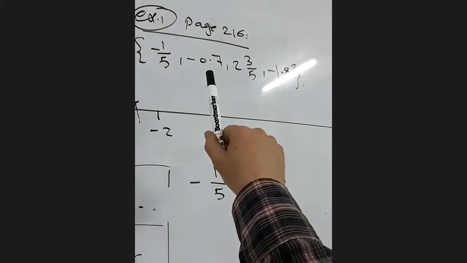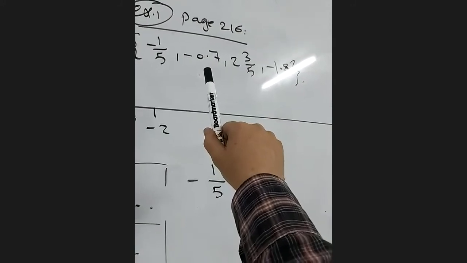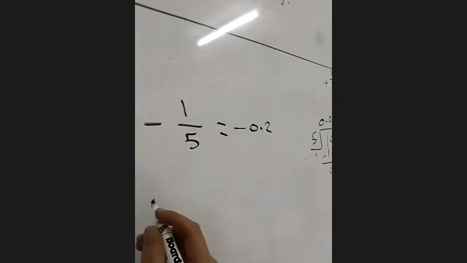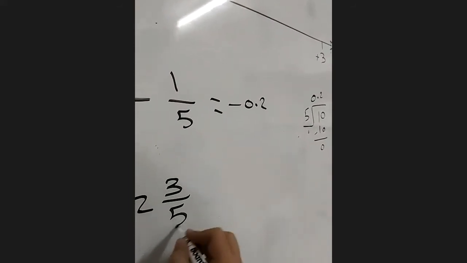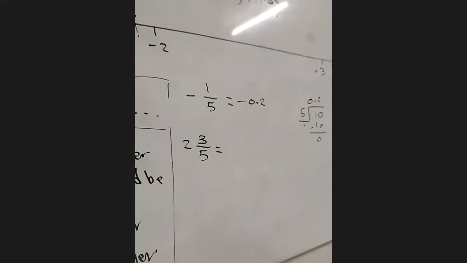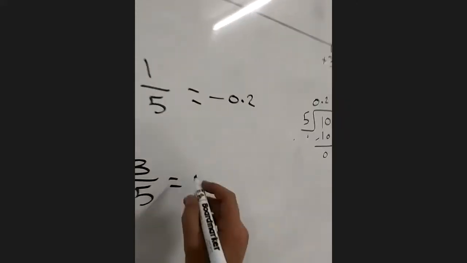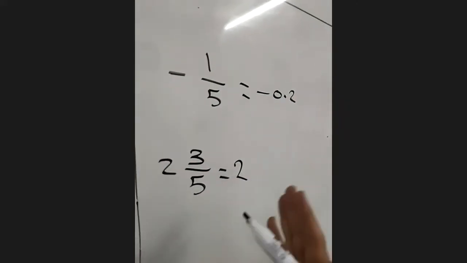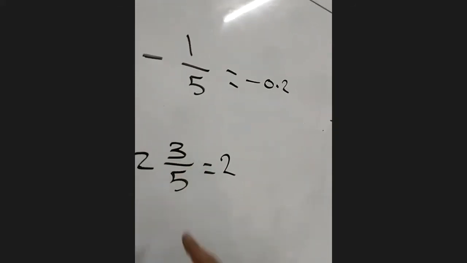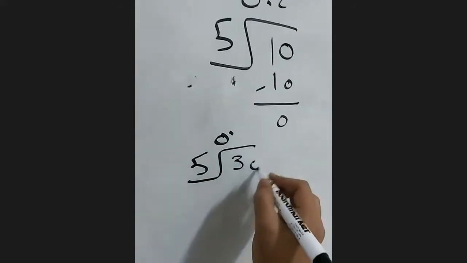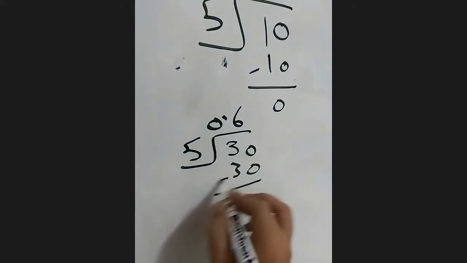Negative 0.7, it is ready as a decimal. Let's do this. 2 and 3/5. Now 2 and 3/5, keep the 2. Keep it. And make division for 3/5 here. 3 divided by 5, it is 0.6, right?